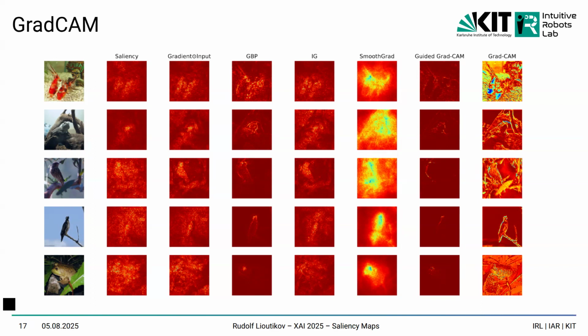Okay. What about this one? Okay, so who likes this one most? Okay, why? Anyone? I think it highlights the surroundings as well as the object of interest. Mm-hmm. So what's potentially the problem with this one? Is there anything that you see?